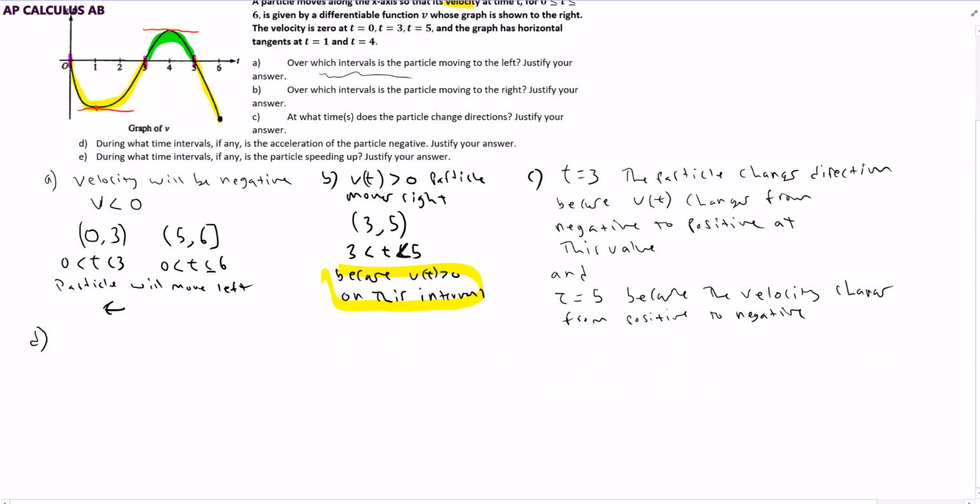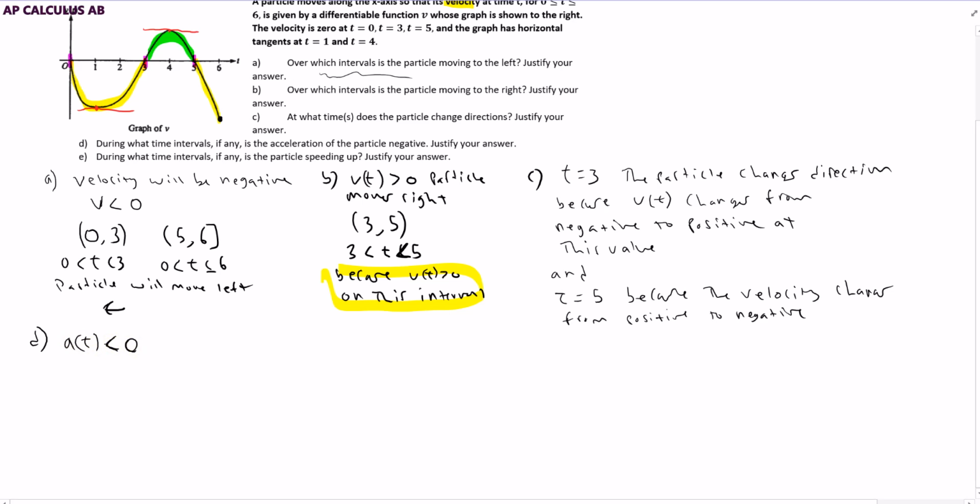D: during what time intervals, if any, is the acceleration of the particle negative? Justify your answer. So here we're trying to find when the acceleration is negative, right? When is the acceleration function less than 0? And this is the tricky part.